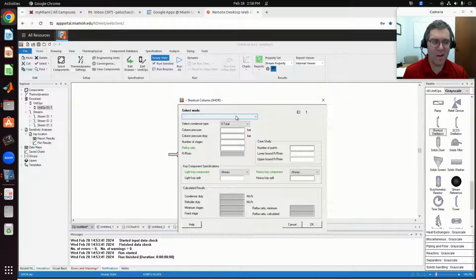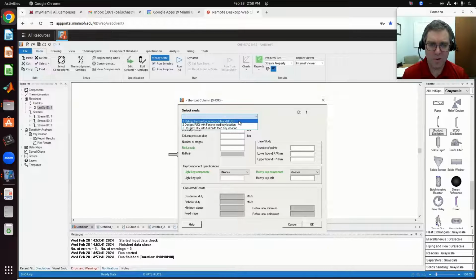Now when I go to my column, I have a single inlet, and when I use the shortcut, this is going to be valid for non-azeotropic systems. So we're applying this to non-azeotropic systems, and there are going to be modes. The first one is rating, Fenske, Underwood, Gilliland, and then design, Fenske, feed tray location, and then this Kirkbride feed tray location.